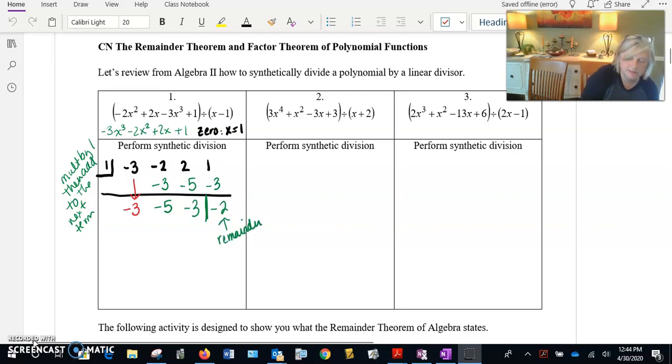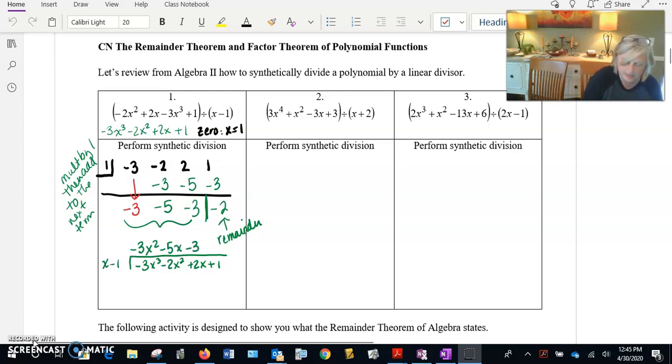whereas this right here is the divisor, how many times it went in your quotient when you're doing this. So what we would know based on this, showing you this in its entirety: if I were to take this x minus 1 and divide it into the negative 3x cubed minus 2x squared plus 2x plus 1, it would go into it negative 3x squared minus 5x minus 3 times.